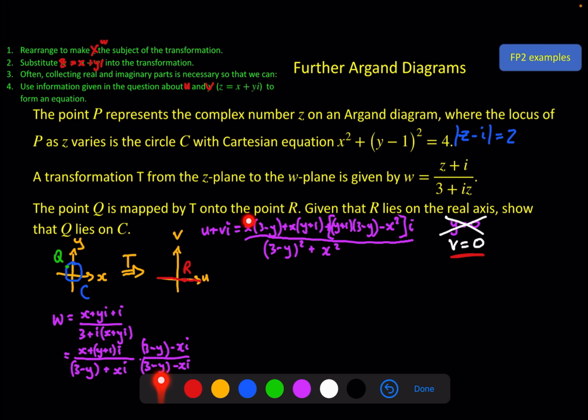Now we've got the real part here and the imaginary part here when you separate this fraction into two pieces, and I know that v must equal 0, so I can peel off this part of the fraction and set that equal to 0.